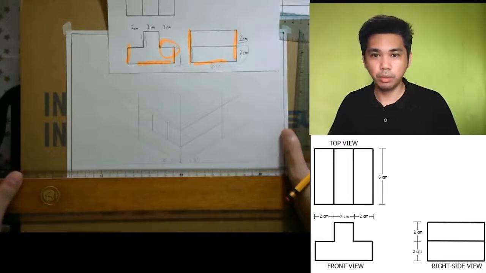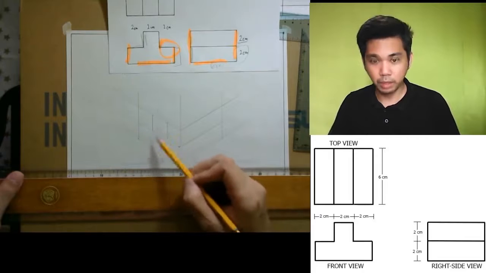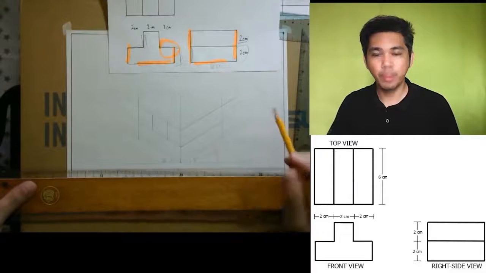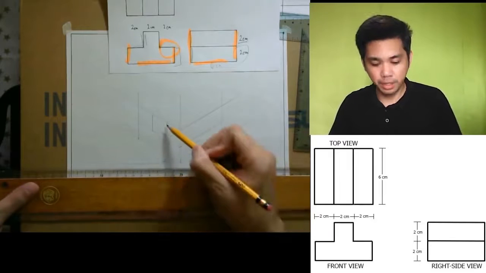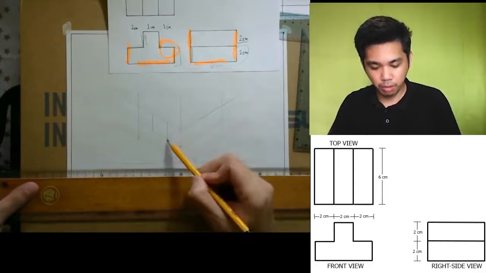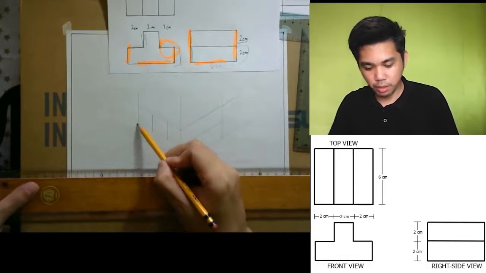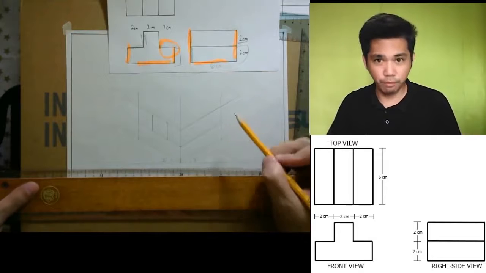So now what you are seeing is a semi-completed right side and a completed front side. When there are intersecting lines, new points are created such as this point, this point, this point, this point, this point, this point. There are lots of points.